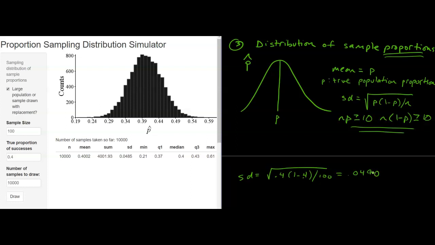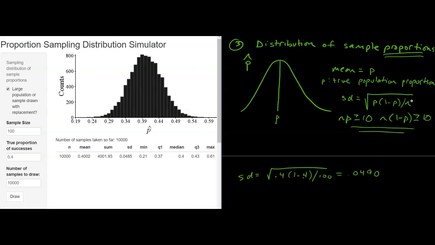And 0.0490 is really close to 0.0485. Again, just speaking to the fact that this standard deviation formula appears to be an effective one to use to describe the variation in the spread in a distribution of sample proportions.